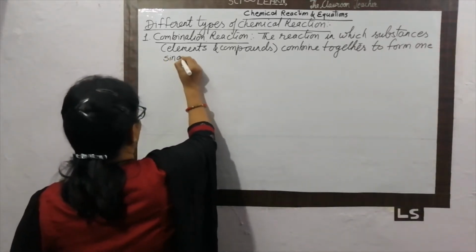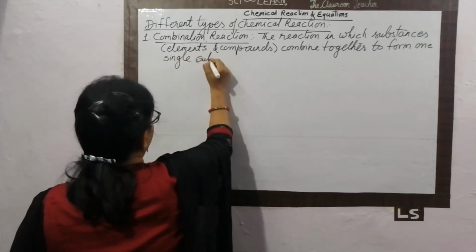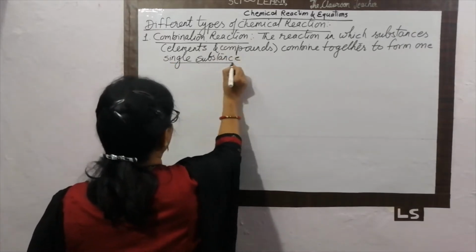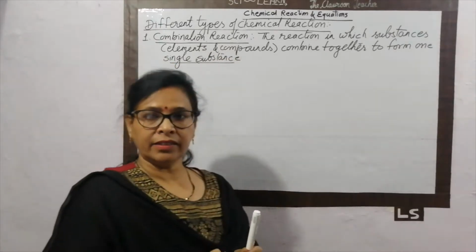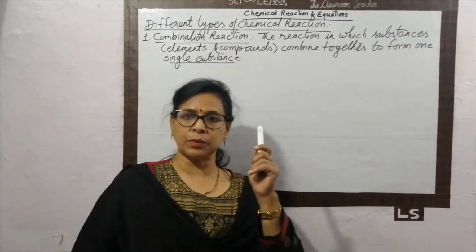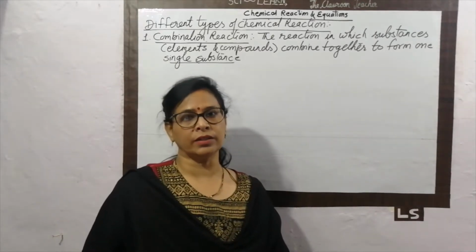That is important. One single substance. In the reactant there may be 2 or more substances, but in the product the substance must be only one. Then it is called the combination reaction.